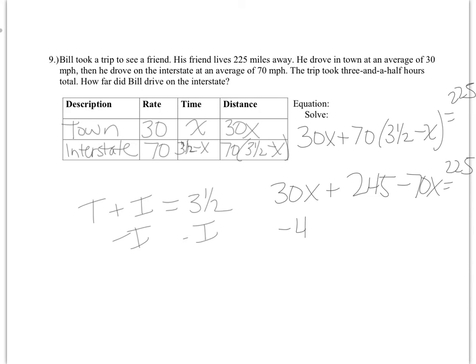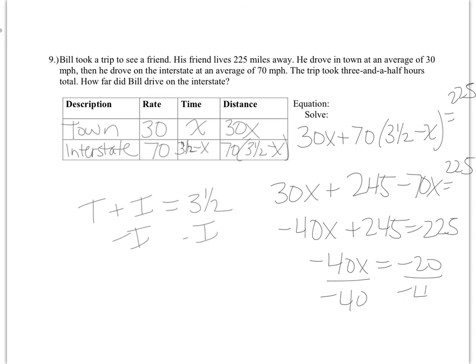So I have negative 40x plus 245 equals 225, and then subtract 245 from 225, and you get negative 20. So I have negative 40x equals negative 20. Divide everything by negative 40, and everything becomes positive, but again we have a fraction. So the answer for x is 20 over 40, which is 1/2.